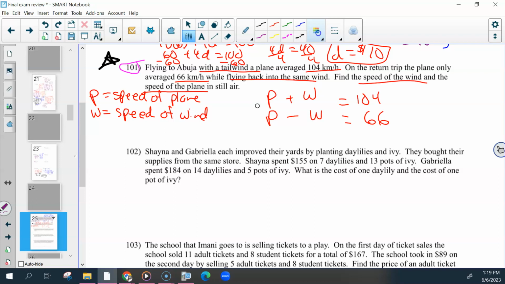We could either subtract the P's or add the W's. Let's just say we're subtracting. So then W minus a negative W would be negative 2W. What's 104 minus 66? 38.